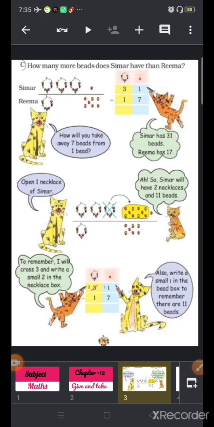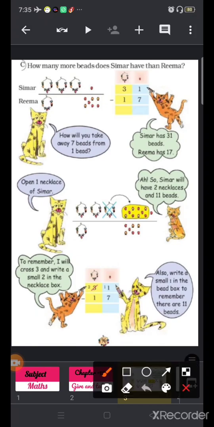Let's start. What is given in the page? How many more beads does Simar have than Rima? Now, how many beads does Simar have? Simar has 31 beads.